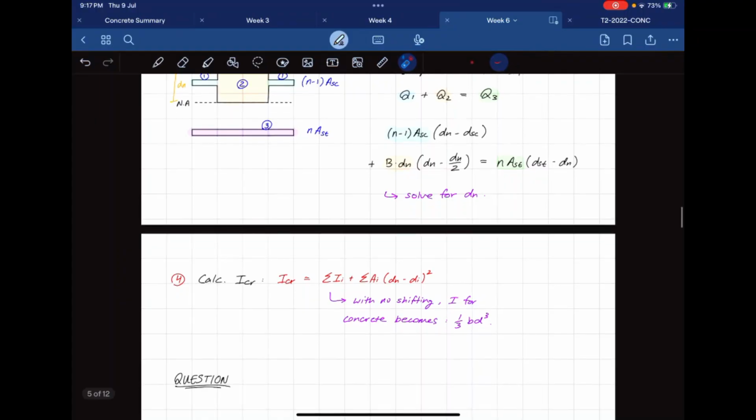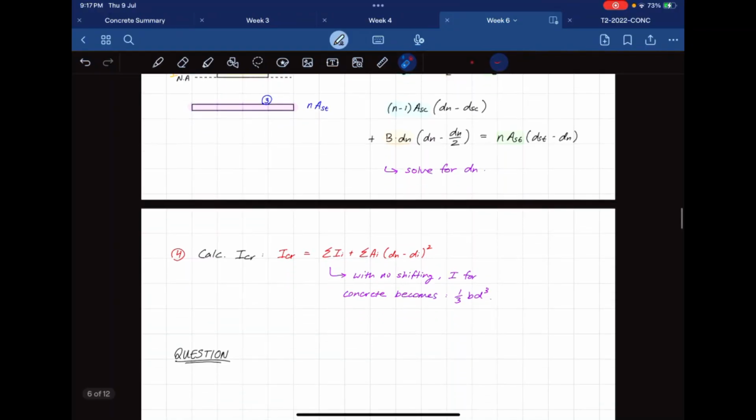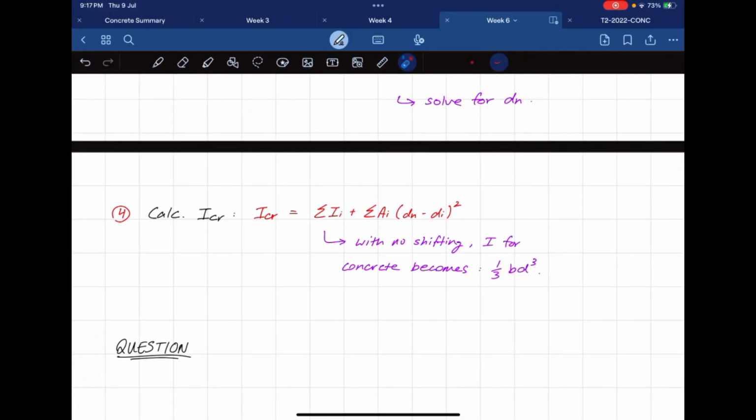And then the fourth step is something called calculating ICR. So ICR doesn't have any physical significance, right, until you reach the serviceability part, but this is called the cracked moment of inertia.